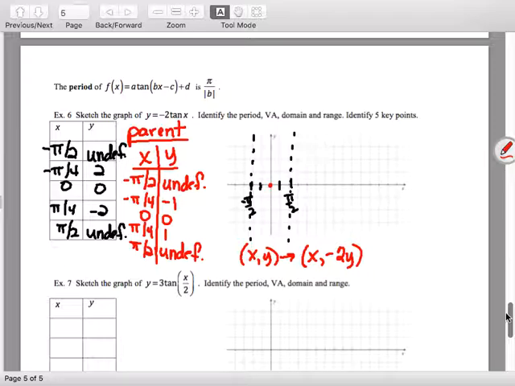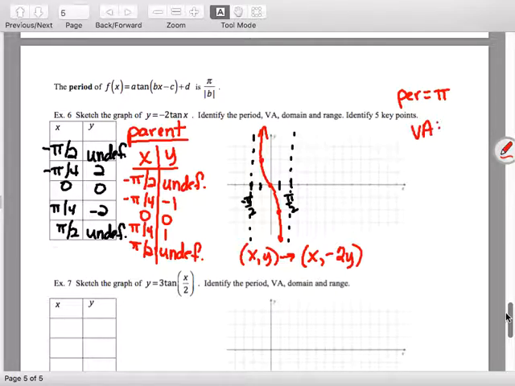So the negative causes it to be a reflection over the x-axis, and the 2 is a vertical stretch. Okay, so this is a little bit of Algebra 2 terminology. So it's a reflection and a vertical stretch. So the period is pi.